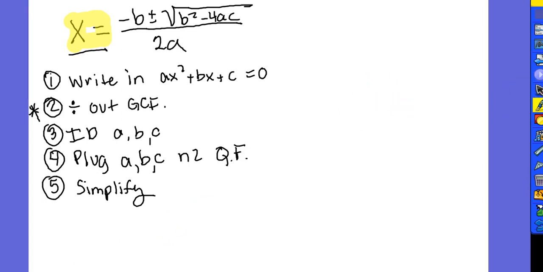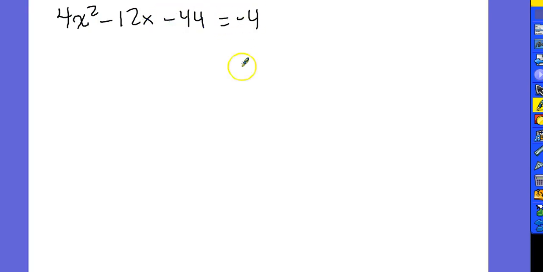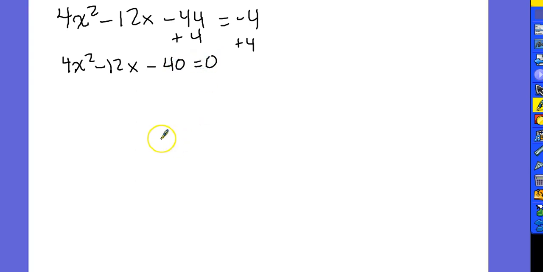Ready? Here we go. So you have the practice problem that says solve for x when it's 4x squared minus 12x minus 44 equals negative 4. Okay? So let's do it. We'll add 4 to both sides so that we can put it in standard form. Minus 40 equals 0.